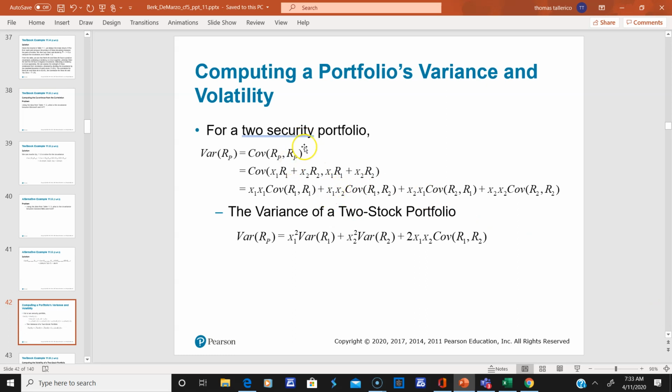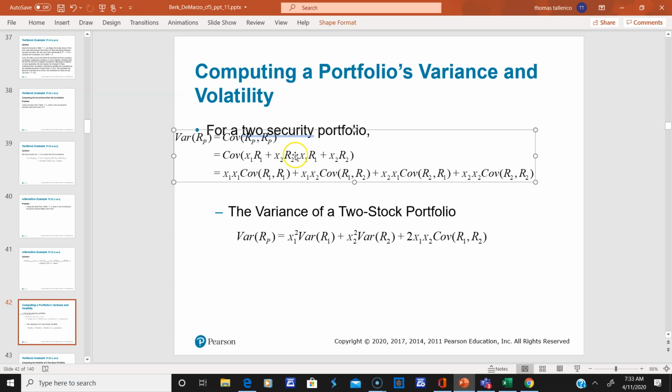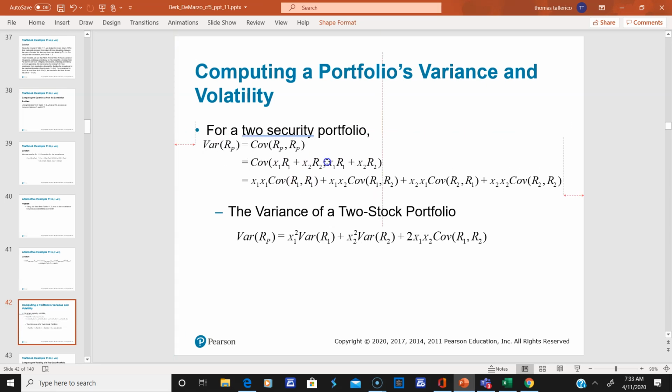Looking at these equations again, for a 2-security portfolio, the variance is the covariance of RP, and they show you this here.